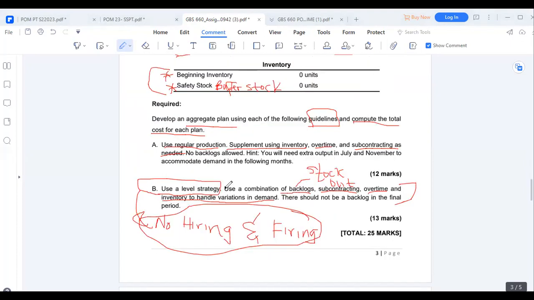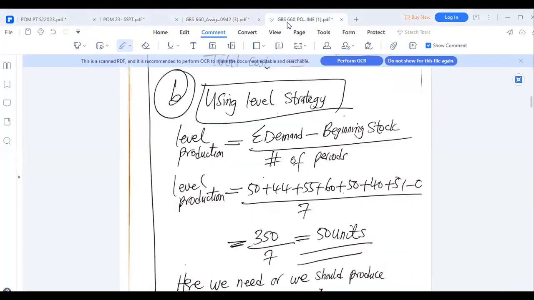Because it says use a level strategy, what did I say? There's no hiring and firing. But if the constant workforce cannot produce to meet demand, there are things we consider. So using the level strategy, first we have to look at the level production, which is equal to the summation of demand minus beginning stock over the number of periods.